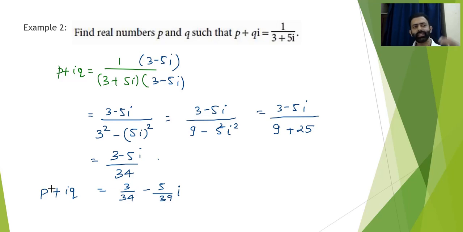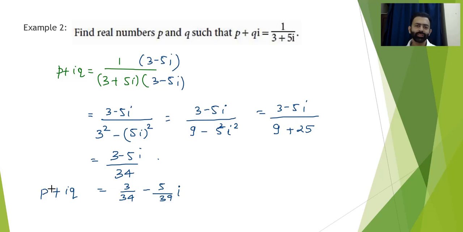As we compare the x coordinate with the x coordinate and the y coordinate with the y coordinate in a coordinate system, similarly if we have to compare any two complex numbers, the real part will be compared with the real part and the imaginary part with the imaginary part.